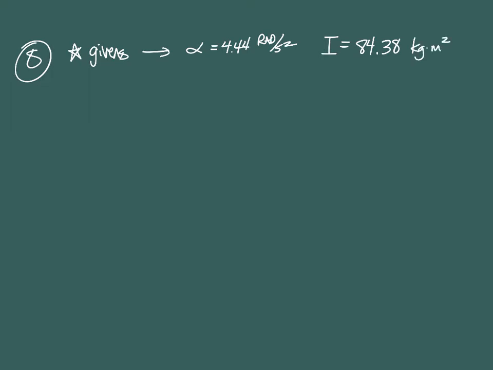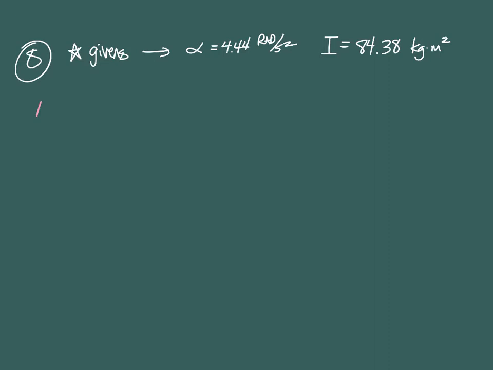So some givens in this problem are, one, that alpha is 4.44 rads per second squared, and the rotational inertia of the object that we're dealing with is 84.38 kilogram meter squared. That's the strange unit for that. So we start with those givens.